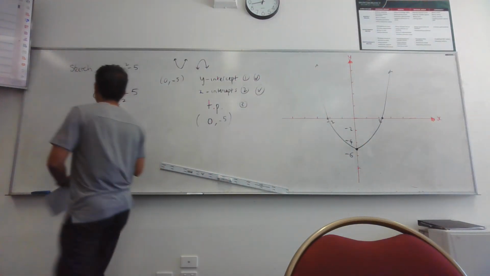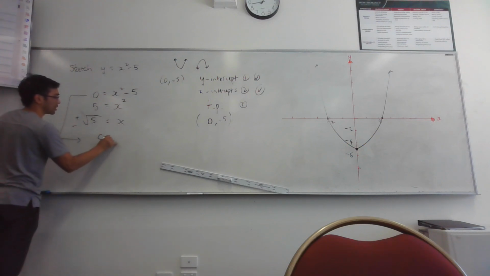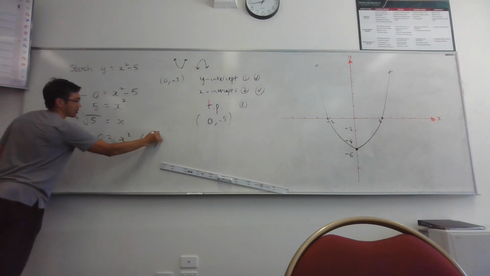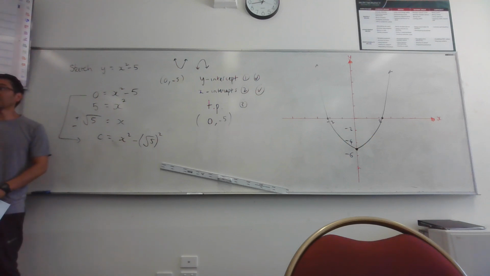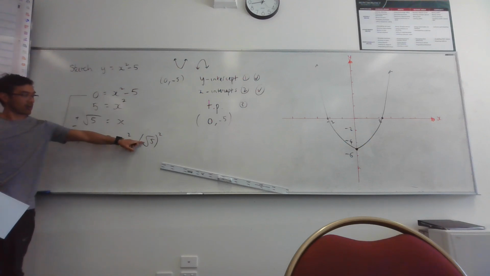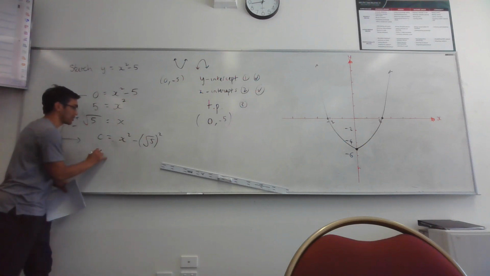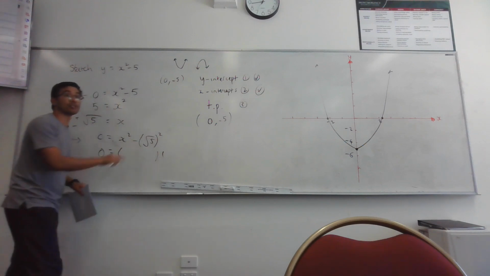Okay. Here's another way of doing it. Alternatively, this is a difference of squares. I can convert that into the square root of 5. If it's a difference of squares, what's in the first bracket?